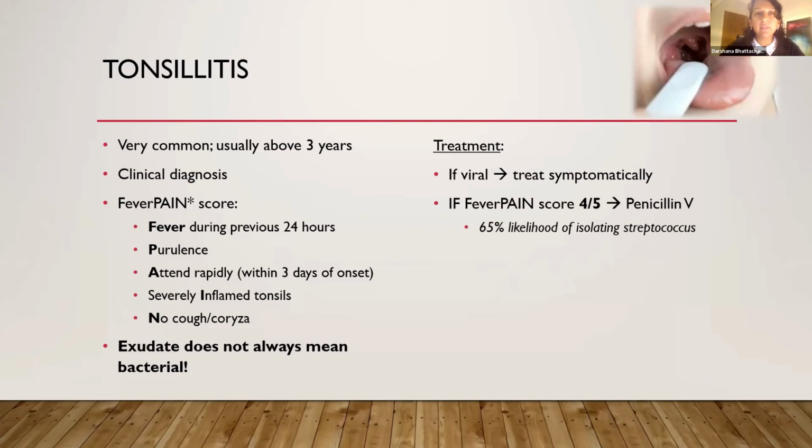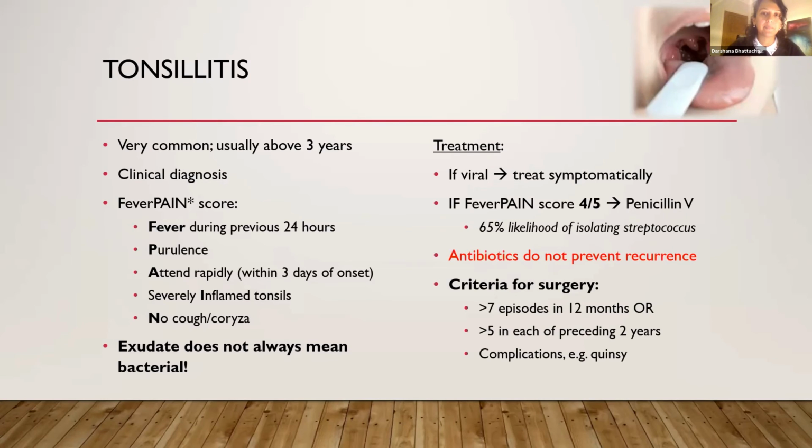But if your fever pain score is 4 or 5, then there's a much higher likelihood of isolating a streptococcal illness. And in this case, penicillin V is indicated for treatment, and you can go ahead and start that. But do counsel the parents that antibiotics don't necessarily prevent recurrence of tonsillitis.